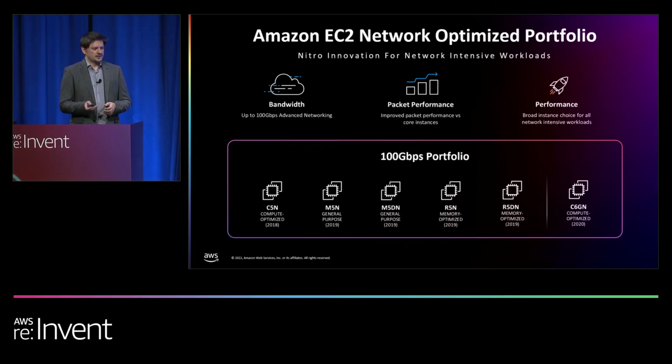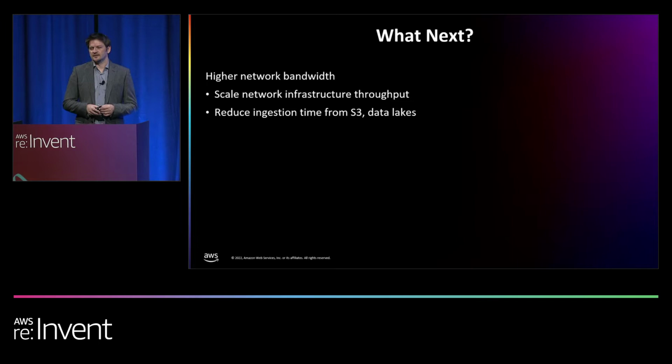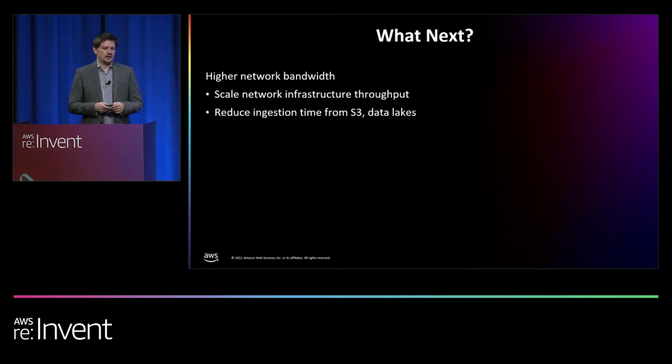Talking to customers to get feedback, we learned that as they continue to grow their deployments on AWS, they are looking to scale the network infrastructure throughput. A lot of times, these instances implement the connectivity to customer networks, and you're looking to scale this up.